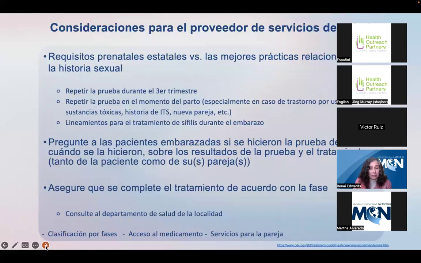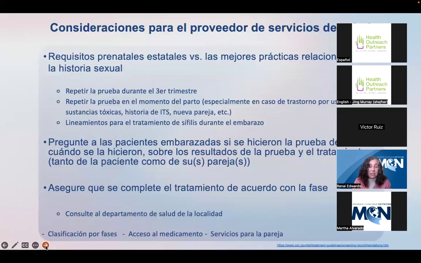Be sure to ask your pregnant patients, especially if they are new to you, if and when they had their last syphilis test, what the result was, and any treatment they may have received. That big shot of bicillin is pretty uncomfortable, so that's not likely to be forgotten anytime soon. And then it's really critical to ensure that if they test positive, they have completed treatment based on their stage.